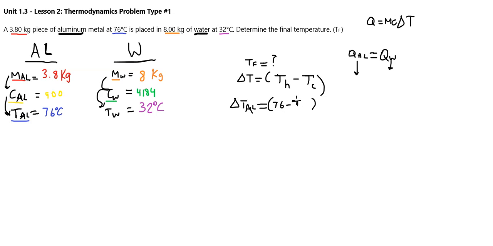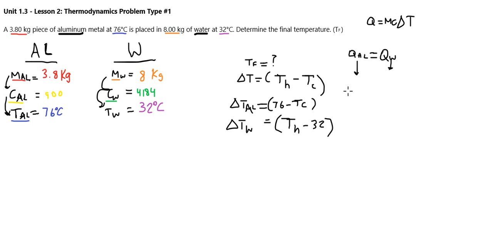We'll figure out later how we can determine what TC is. Then the delta T of water, the change in temperature of the water, this time it's the cold temperature, so we just leave it as TH minus 32 because of the 32 degrees Celsius. So now we can plug everything in.